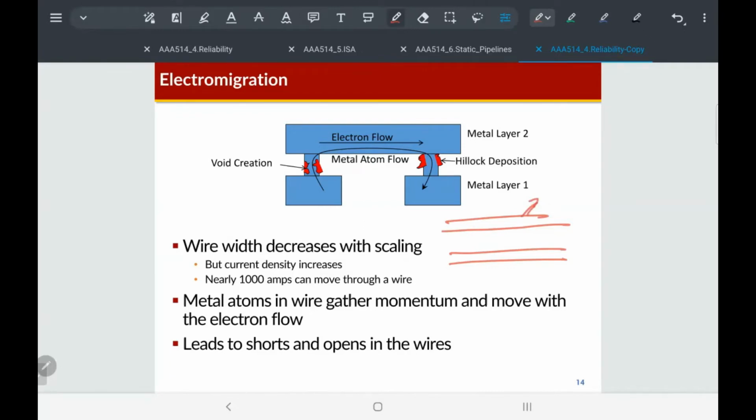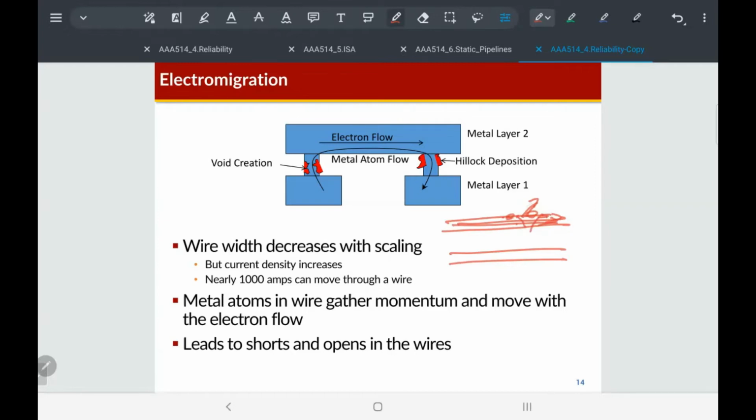But if the current flows in one direction for a long time, then the electrons are dissipated from this wire, so the electrons can be reduced, and then the wire can be cut off.